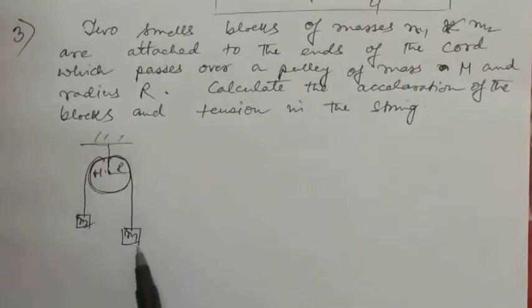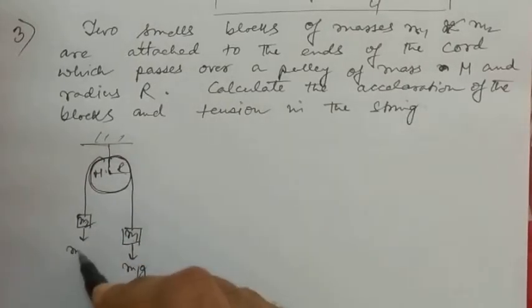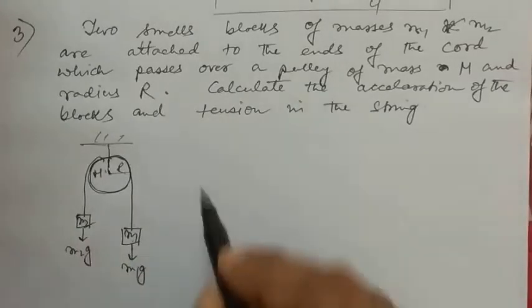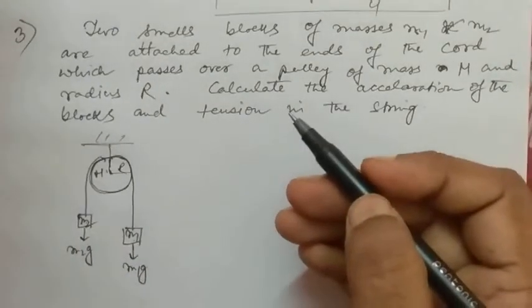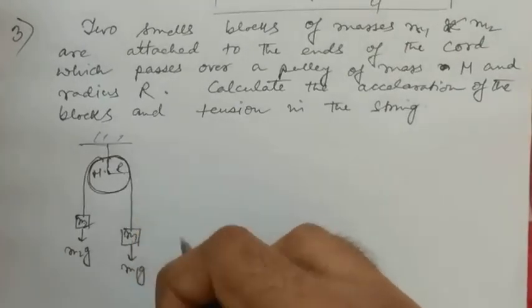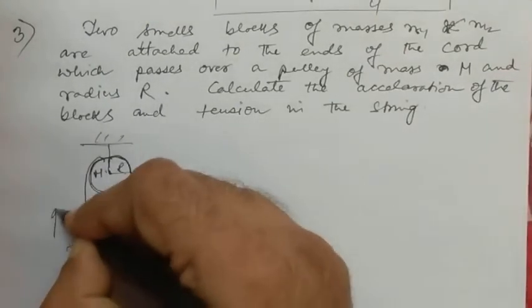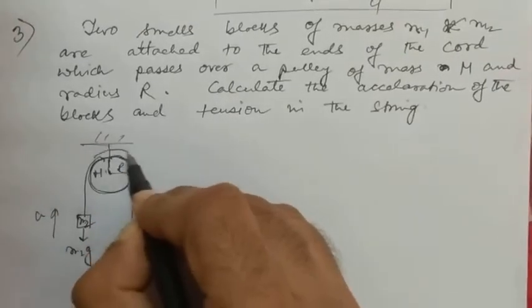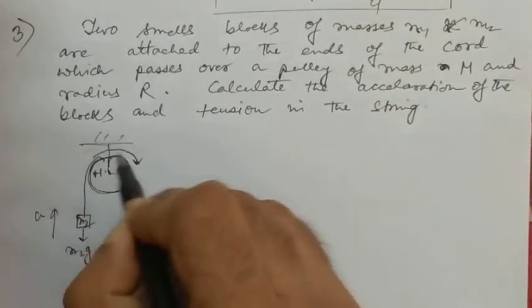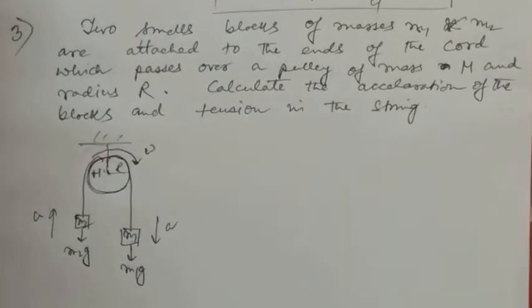If we take m1 to be greater than m2, the weight here is m1g and the weight here is m2g. Then this block m1 moves down with an acceleration of a, and the pulley is rotating with an angular velocity of omega.